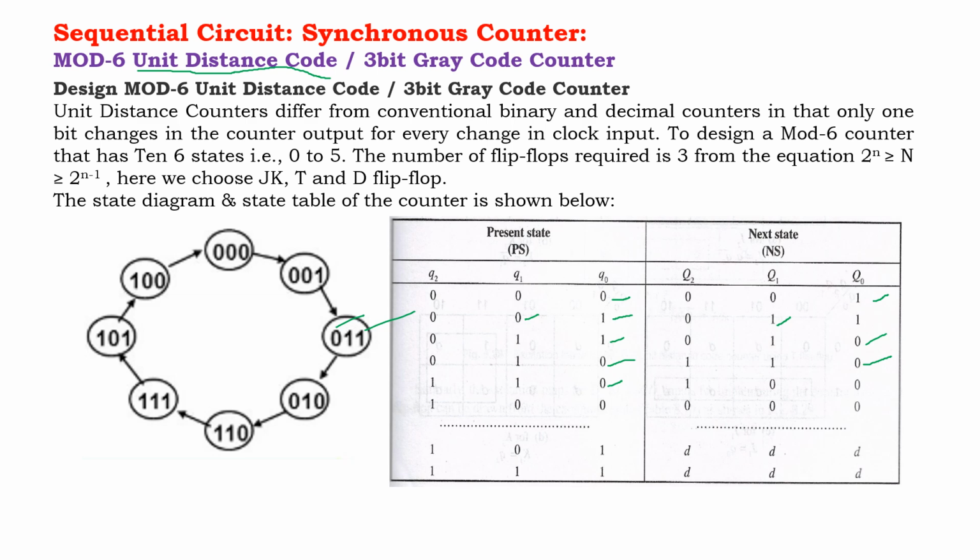Okay, so then we will get 1 0 0 due to the mod 6. So it will count mod 6, that means 6 states. So 0 1 2 3 4 5. So in between 0 to 5 we should consider 6 states.